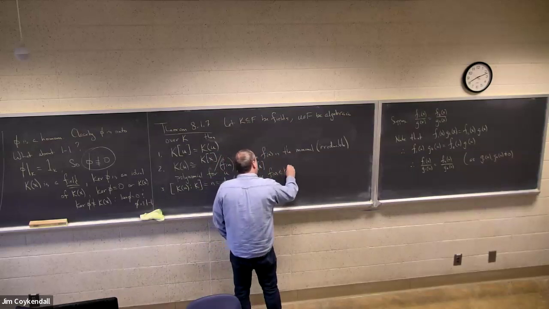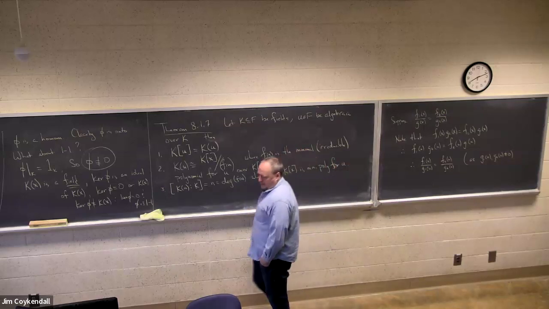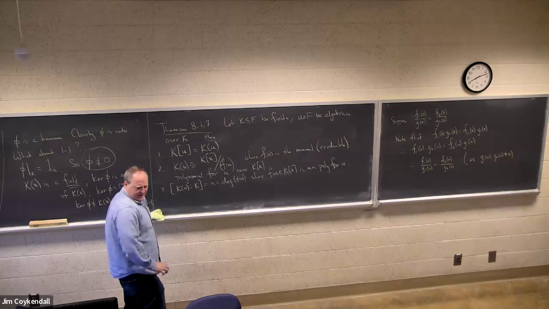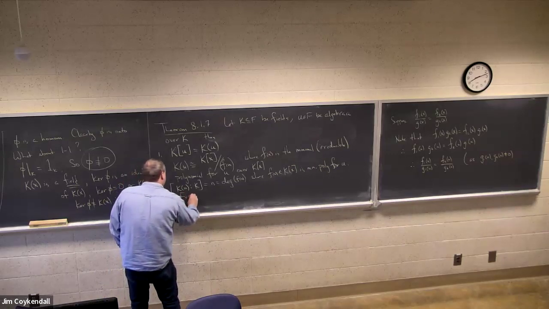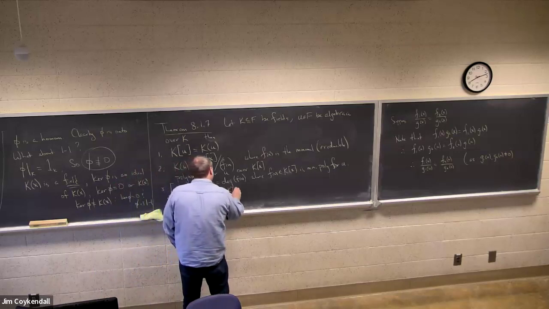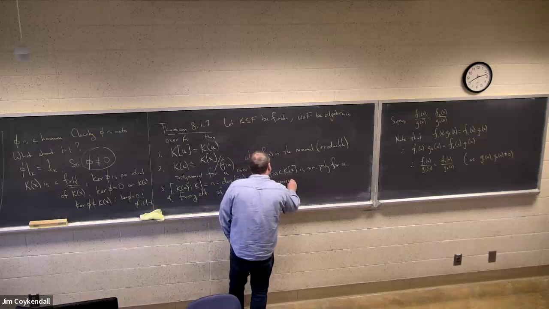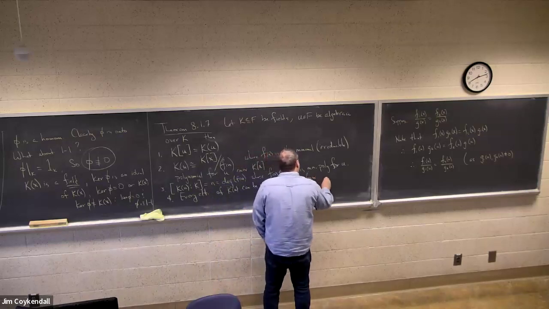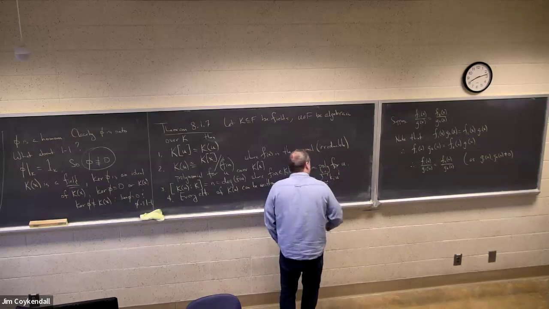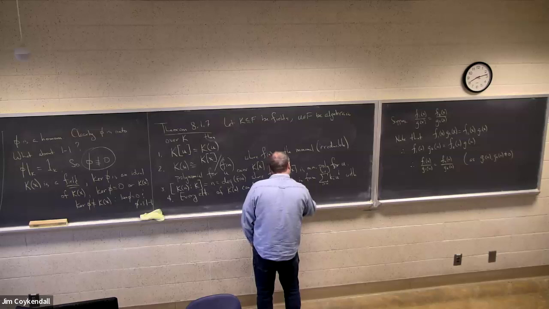And number four, every element of K[U] can be written uniquely in the form sum k_i u^i, i equals 0 to n minus 1, with n equal to the degree of K[U] over K.